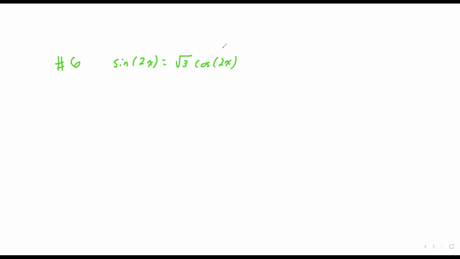So before I go into that, let me just make sure there wasn't an easier way. No, that would be if there's only one. I'm thinking we're definitely going to have to use the double angle.